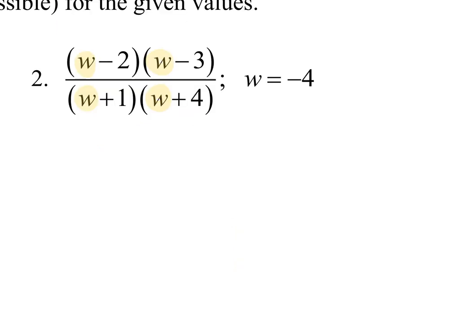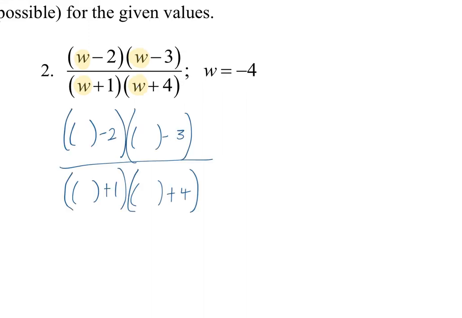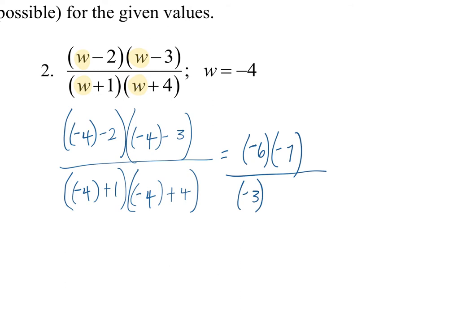On number 2, I'm going to plug in a -4 everywhere that we see the variable w. So I rewrote the expression and put parentheses everywhere there was a w, and now I'm going to put a -4 there. And so I get -6 minus 7, -3, 0.